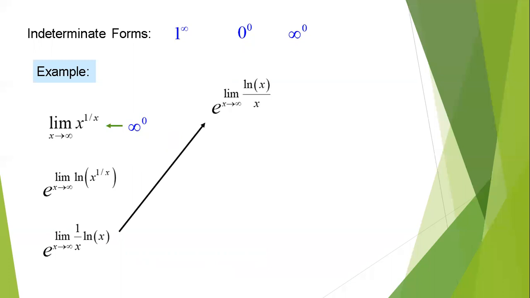We get e to the power of the limit as x approaches infinity of ln x over x, which means we have infinity over infinity, and then e to the power of the limit as x approaches infinity of (1 over x) over 1, where L'Hopital's rule is applied. And then the answer is e to the power of 0, which is 1.